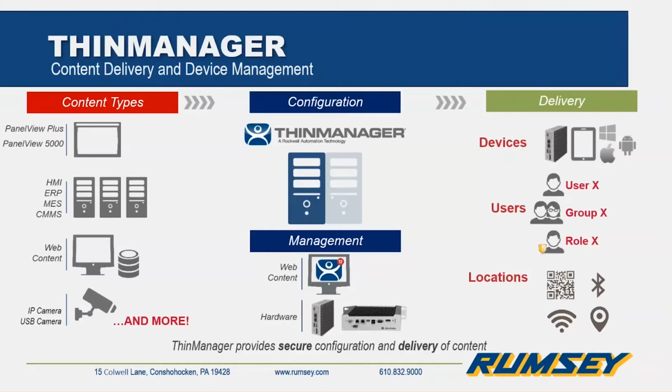I could walk up to that panel with my mobile device, scan that QR code, and based on the fact that it knows I've scanned that QR code, it delivers Logix Designer with the ACD file loaded up, and now I can take a look and troubleshoot that application. Another example would be to take that to the next level and go from QR codes to Bluetooth beacons or Wi-Fi access points and even GPS coordinates. You can take those and create a geofence or an area location within ThinManager.